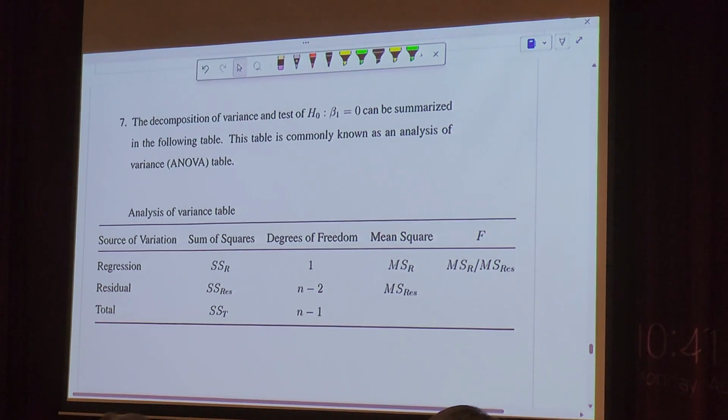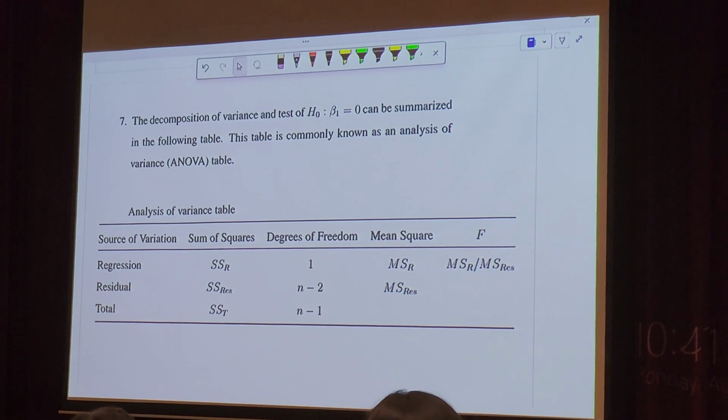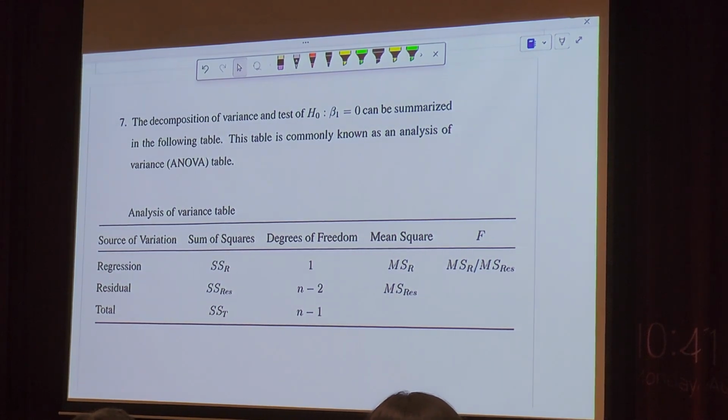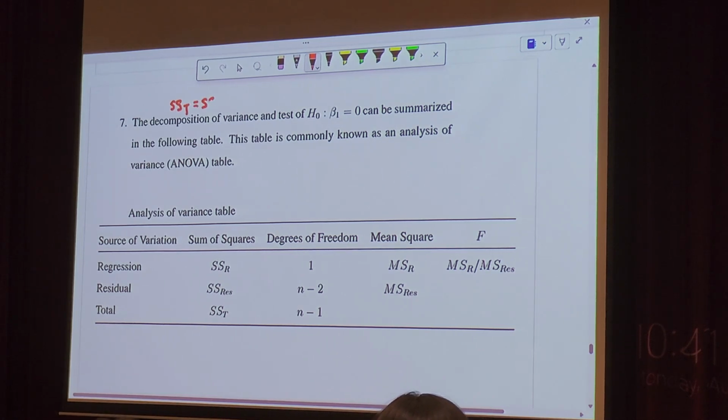And this decomposition of variance can be summarized using a table. Usually we write it out as a table. This table summarizes the decomposition of the variance. What decomposition am I talking about? This one.